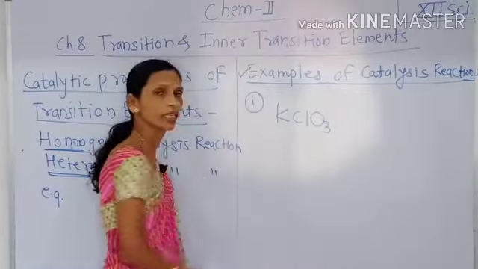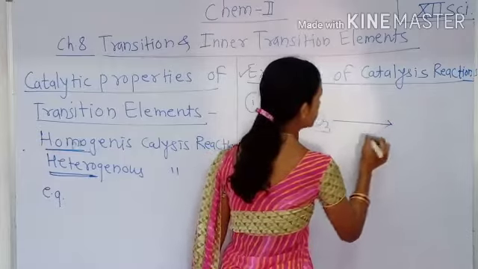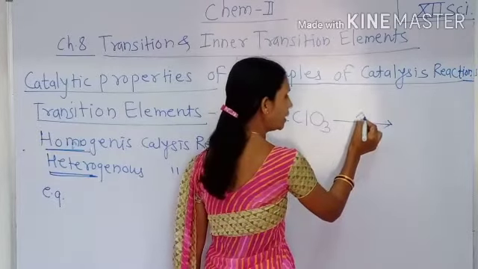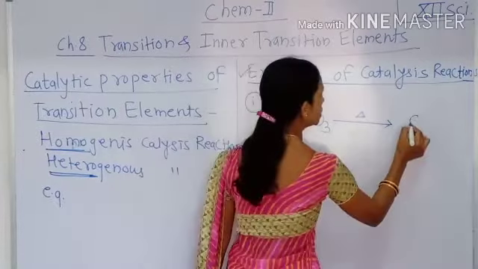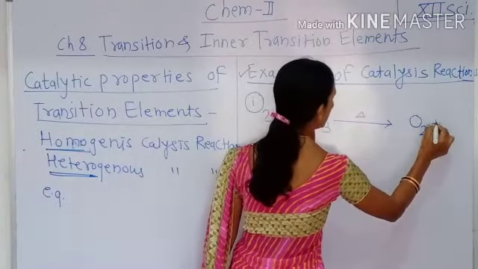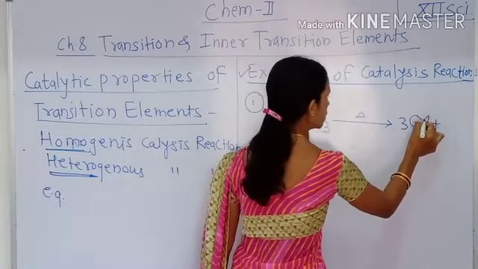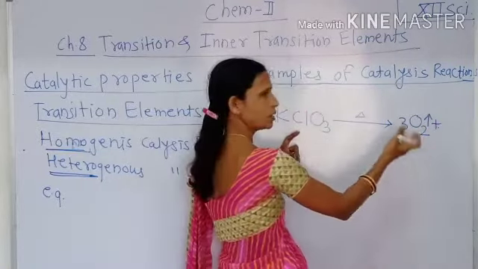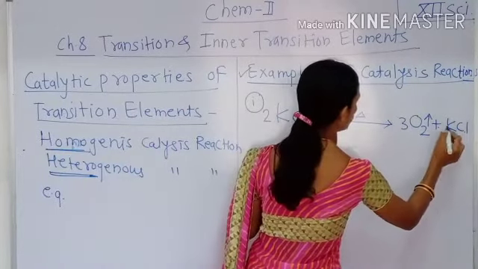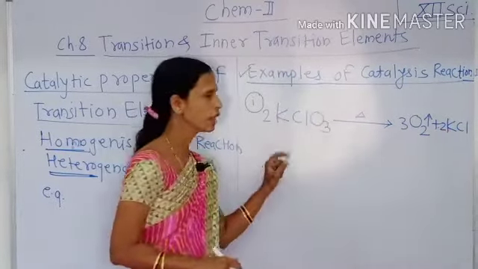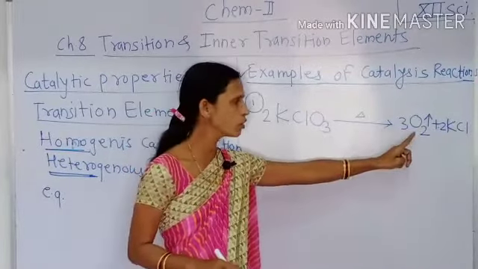KClO3, that is potassium chlorate, undergoes decomposition on heating, and in this process oxygen is liberated. Oxygen production takes place by decomposition of KClO3. This process is used for the production of oxygen.